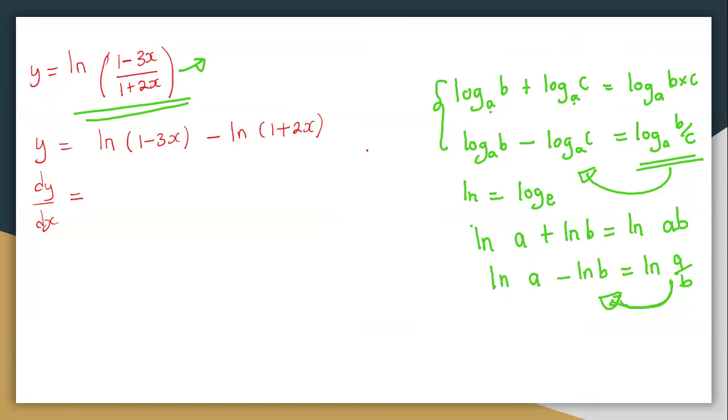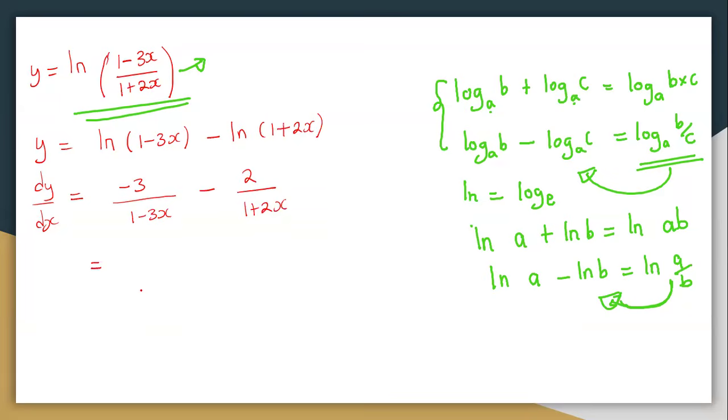So for that first term, we have -3 over 1 minus 3x, minus 2 over 1 plus 2x. Okay, good.